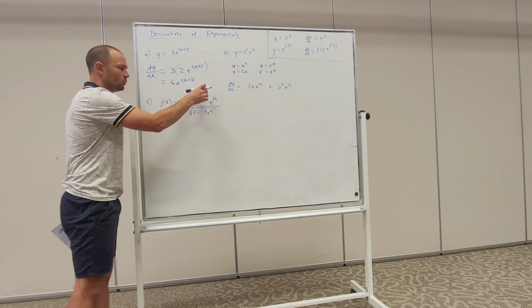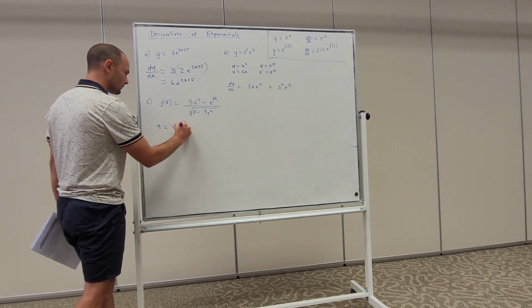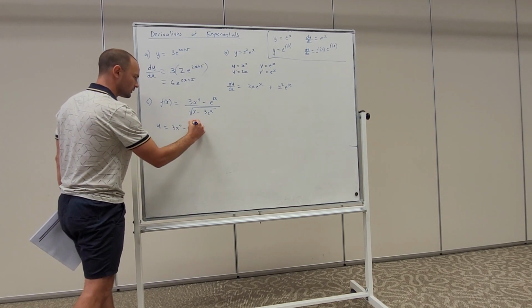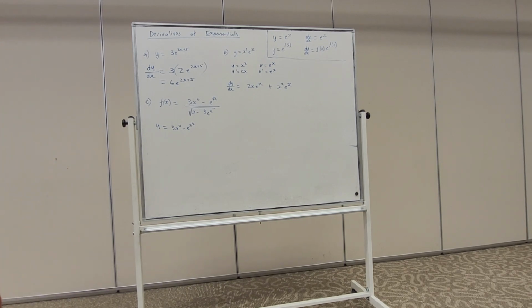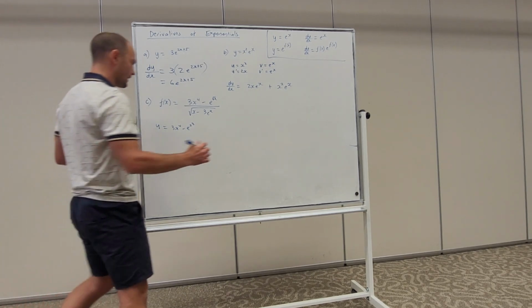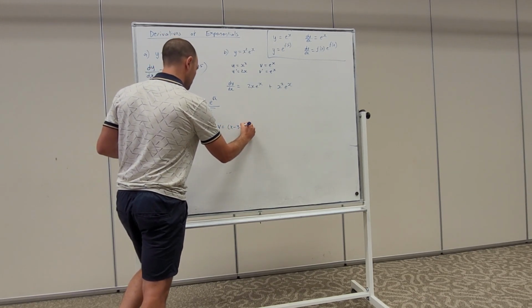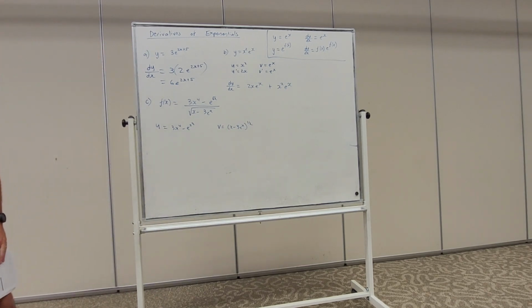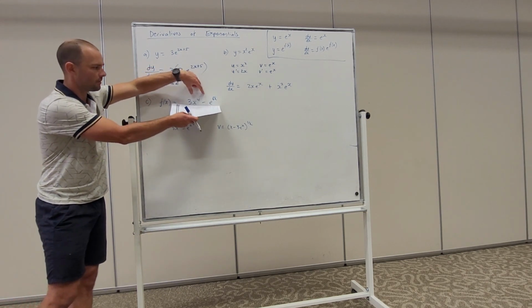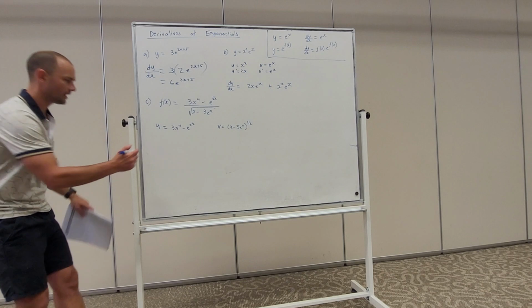Quotient rule, we have u divided by v. So we identify u, we identify v. All I've done so far is describe that's the top function, that's the bottom function. Now we're ready to differentiate.